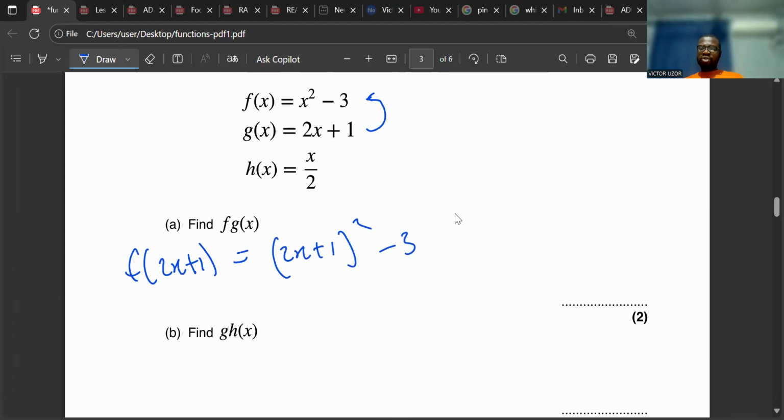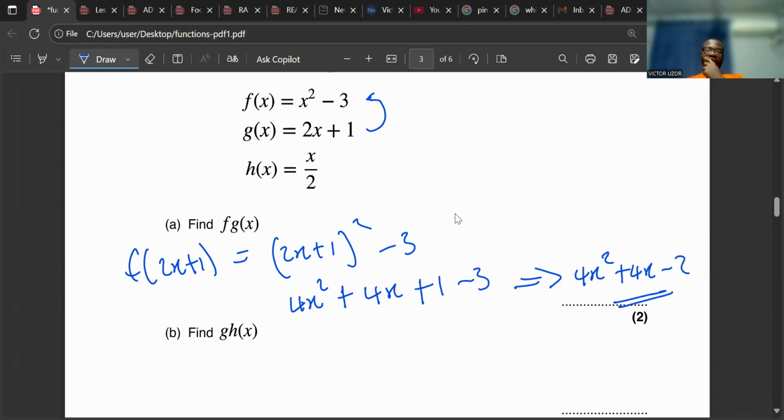You can leave it this way or you expand it. If you expand it, it will give you 4x squared plus 4x plus 1 minus 3. So your answer now will be 4x squared plus 4x minus 2. That will be your answer.